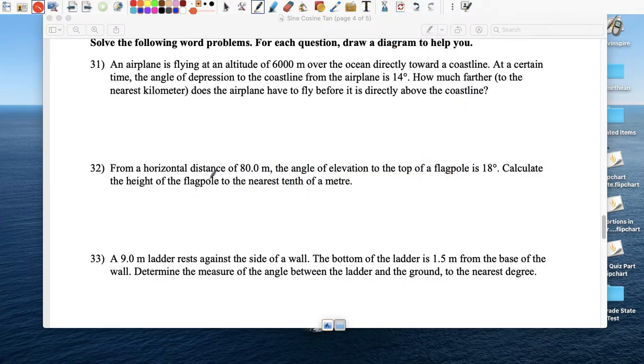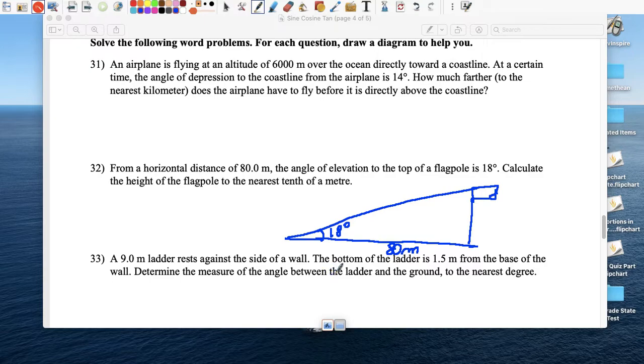Number 2: from a horizontal distance of 80 meters, the angle of elevation to the top of a flagpole. So here's a flagpole, and if you're 80 meters away, the elevation to the flagpole is 18 degrees. Calculate the height of the flagpole.